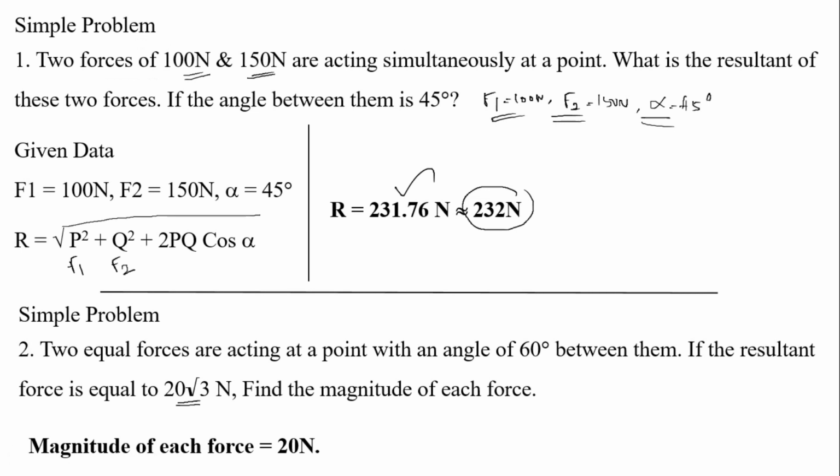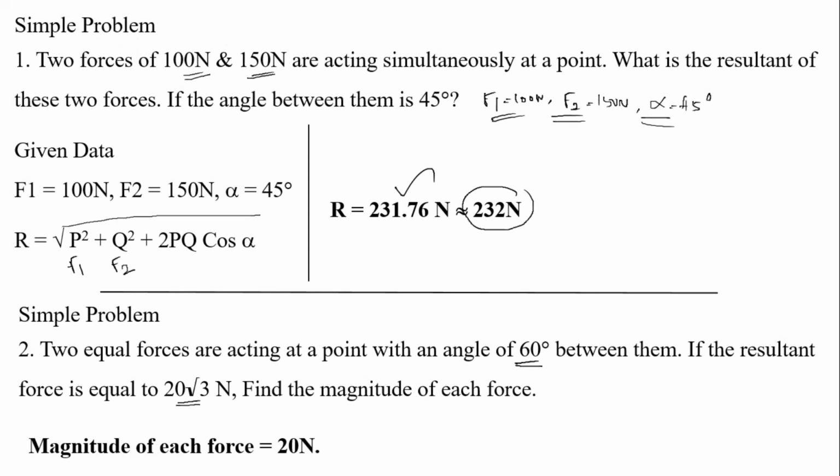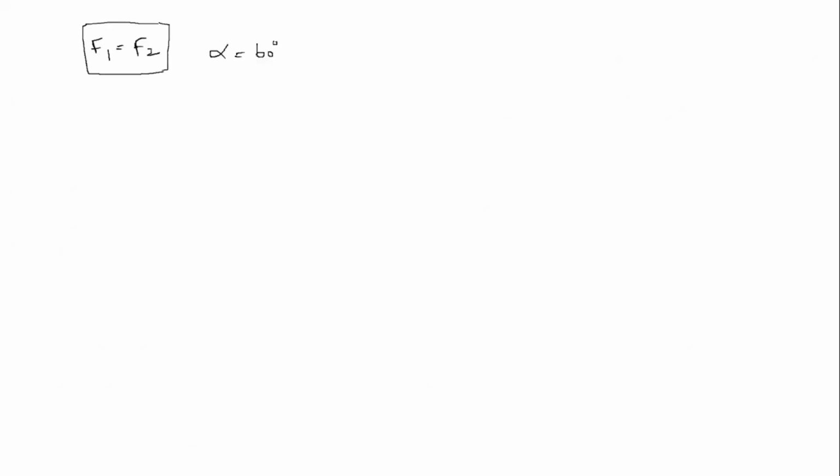So next, the angle is equal to 60 degrees. So alpha is equal to 60 degrees, right? If the resultant force is equal to 20 root 3, so R is equal to 20 root 3, given. So we know the formula R is equal to root of F1 squared plus F2 squared plus 2 PQ cos alpha.